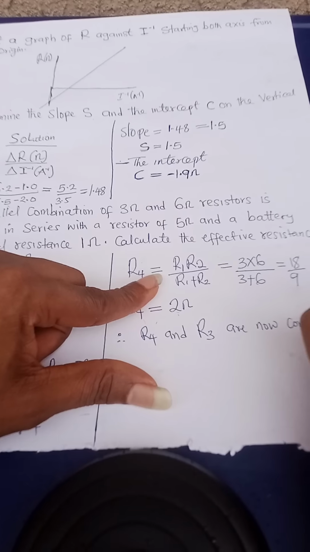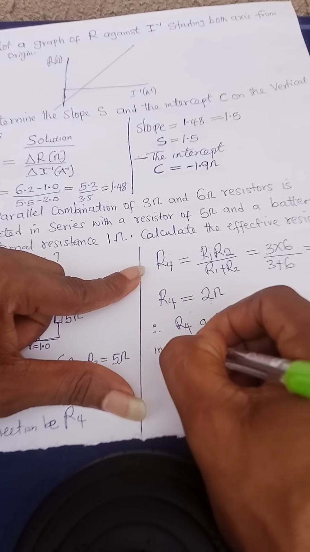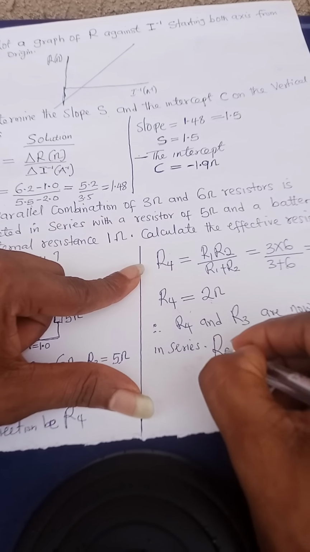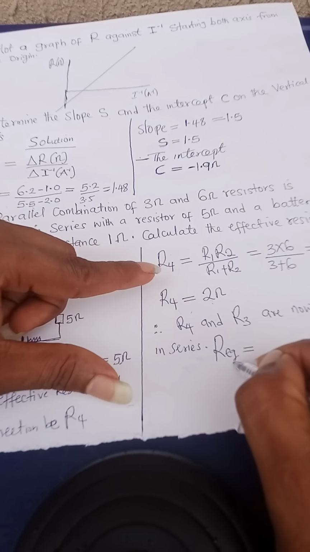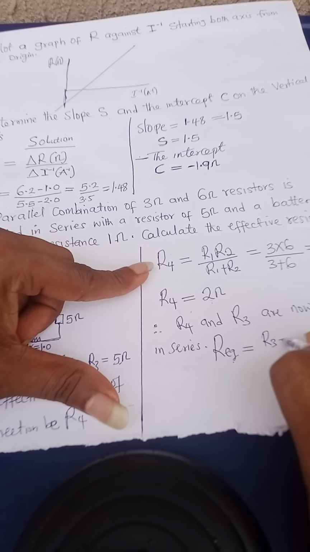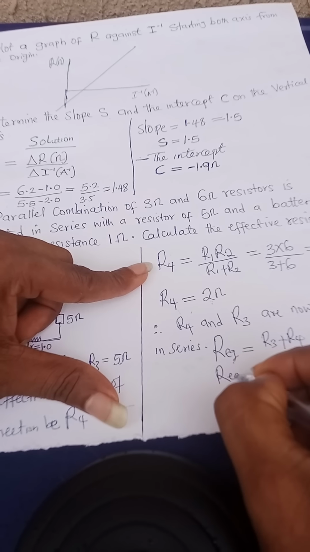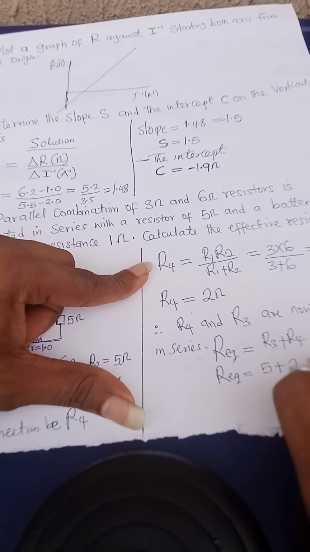Are now connected in what? In series. So it simply means that the effective resistance, which is what we are looking for now, becomes R3 plus R4, which will give me 5 plus 2.